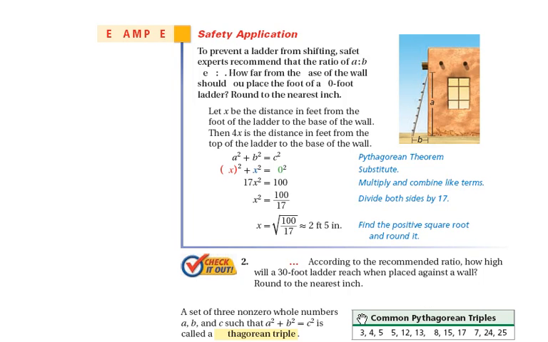If you let the legs of a triangle be 3 and 4, the hypotenuse will be 5. In the same way, if you let one leg be 5 and another leg be 12, then your hypotenuse will be 13, and so on. So these are just some nice numbers. They don't come out as these weird radicals and fractions and decimals.